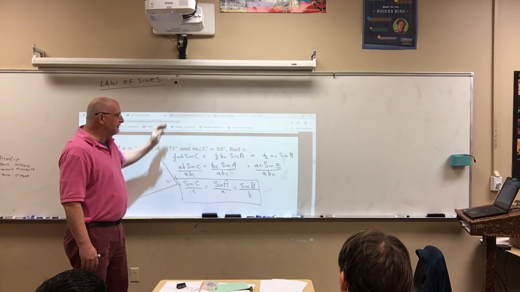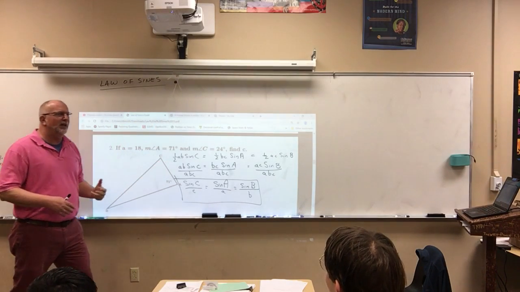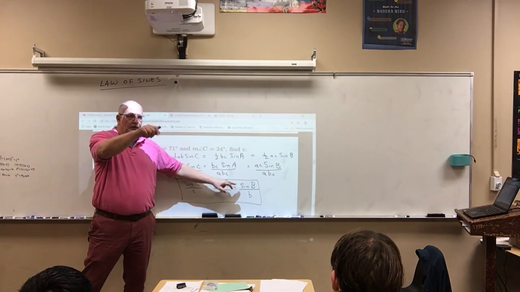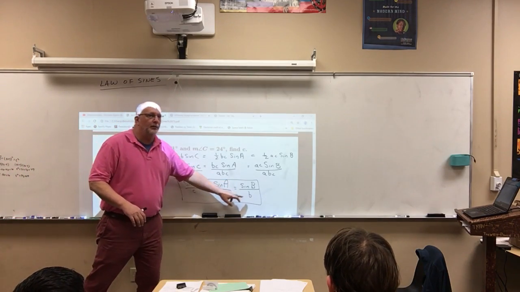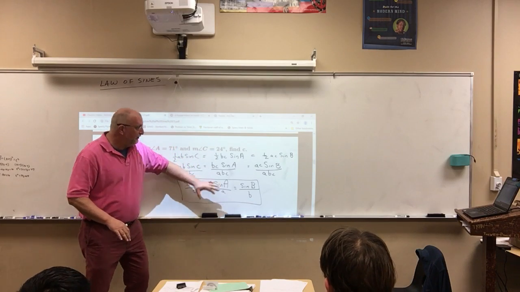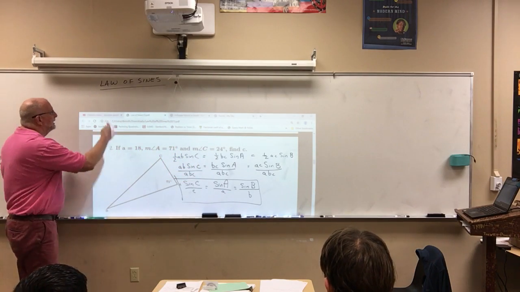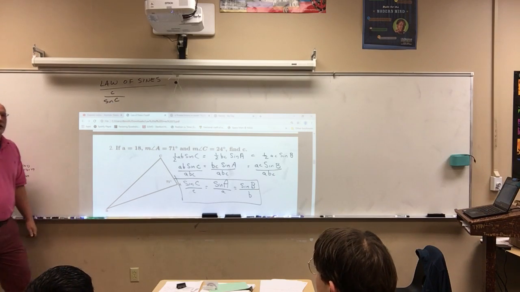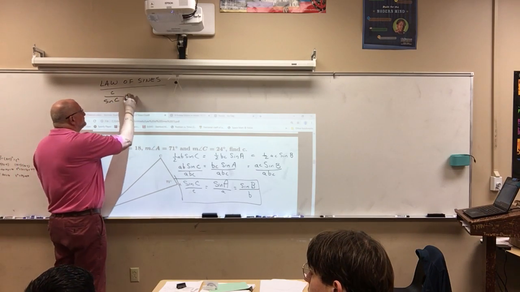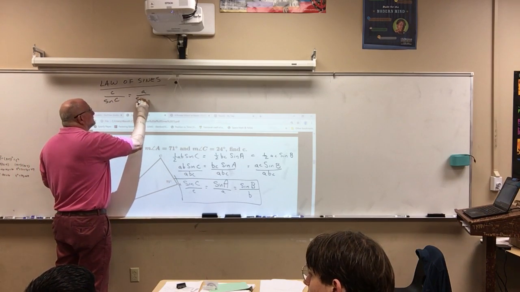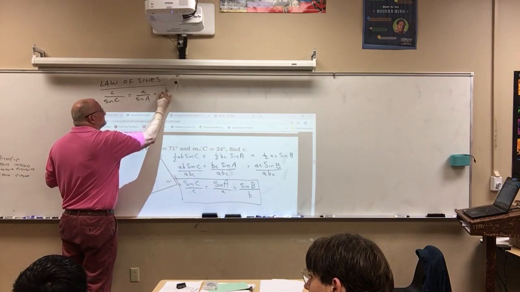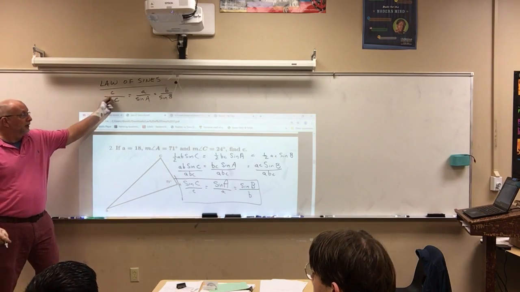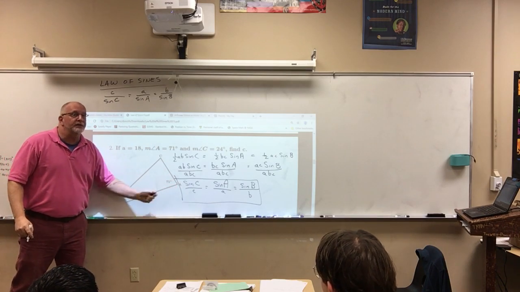We've sort of talked about the flipping property with proportions, haven't we? I have all the angles on top here, agreed? And all the side lengths on the bottom. If I flip this all over, I end up with the side length over the sine of the angle. Both of these work as long as I'm consistent.